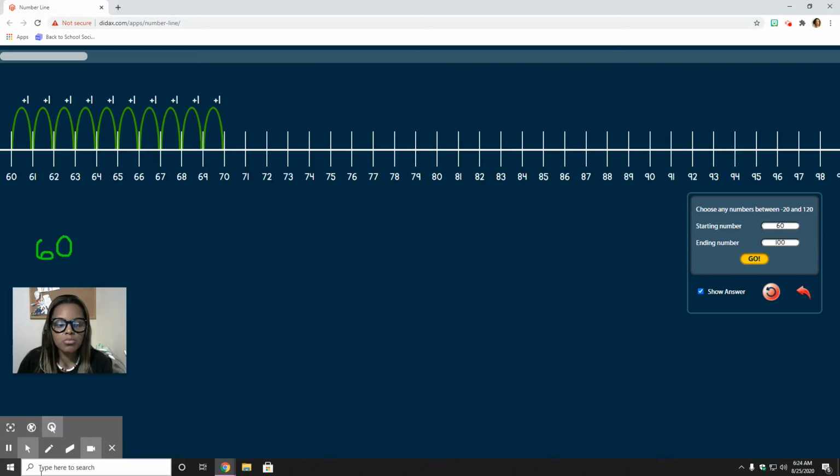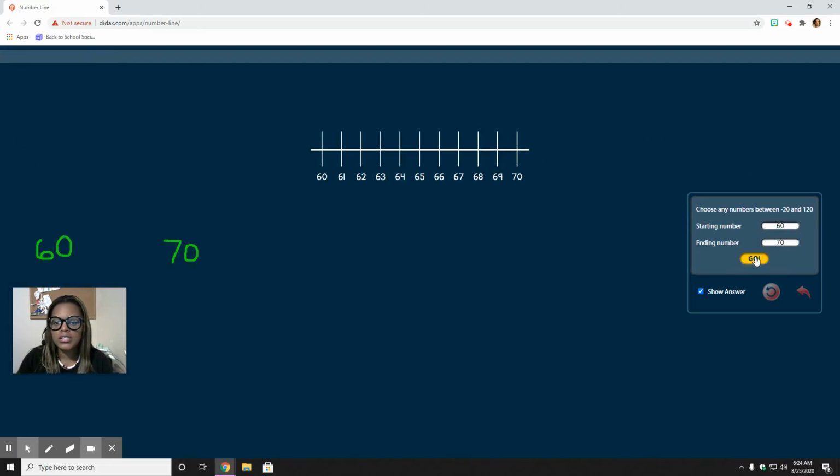My next benchmark number is 70. So now I have my 70 as my second benchmark number. Another way to do this is to simply find the first benchmark number and just add 10 to it. Got it?